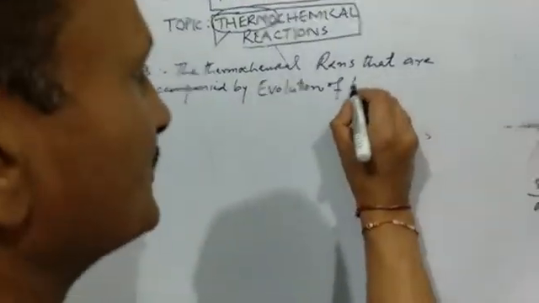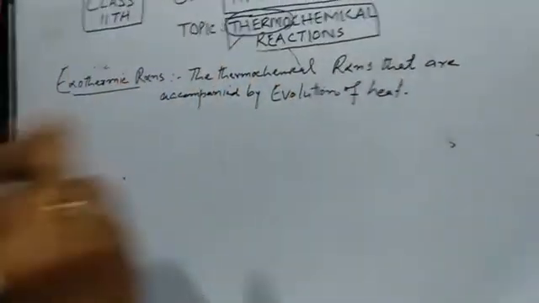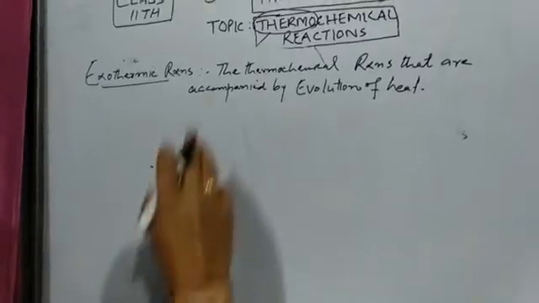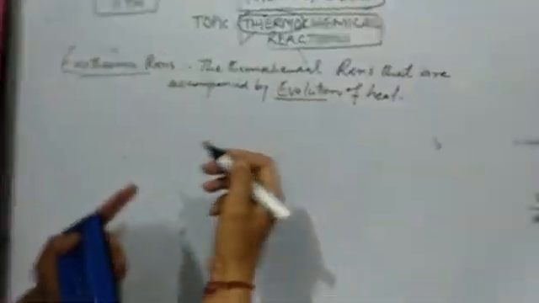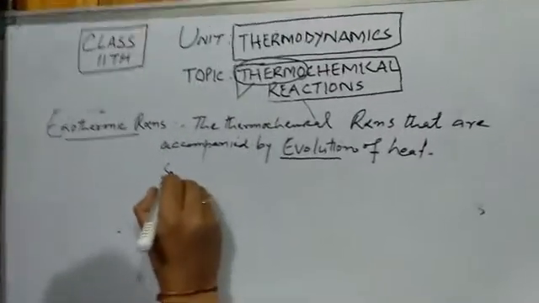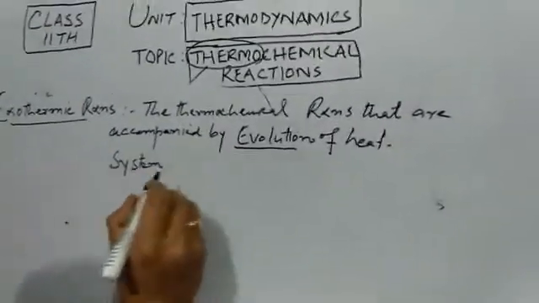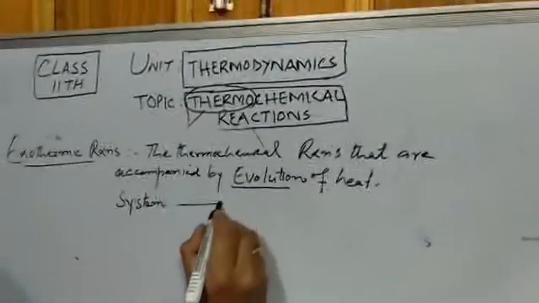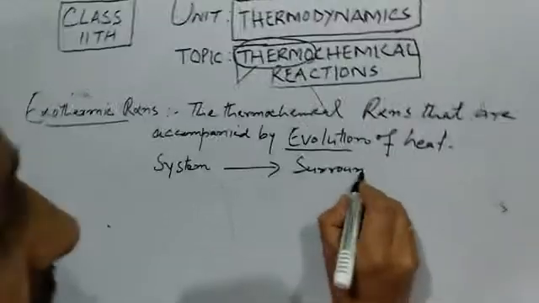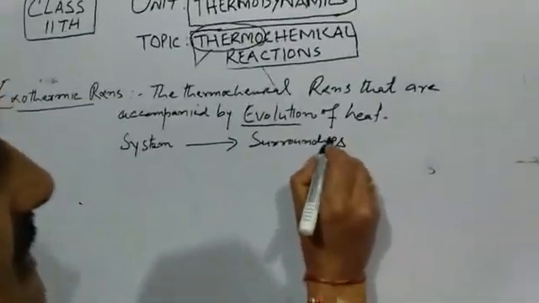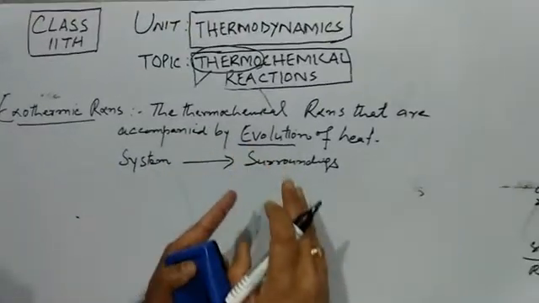Now if heat is evolved, it is evolved from the system. So the system gives out the heat to the surroundings. So in exothermic reactions, heat is transferred from the system to the surroundings.